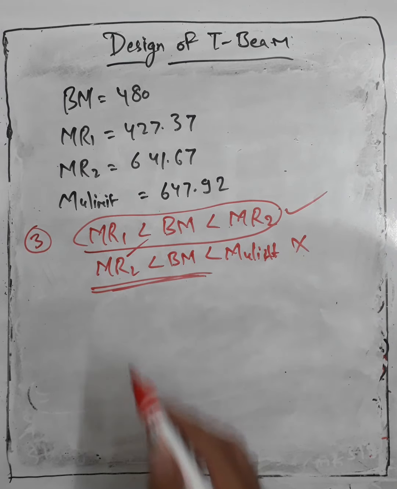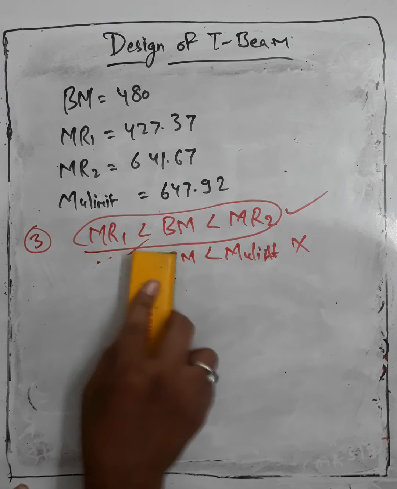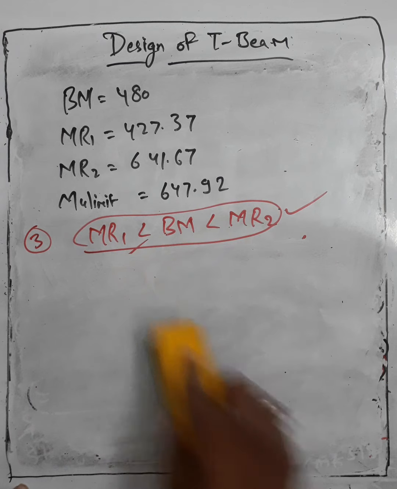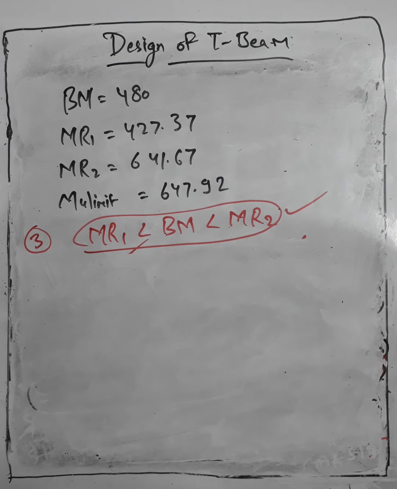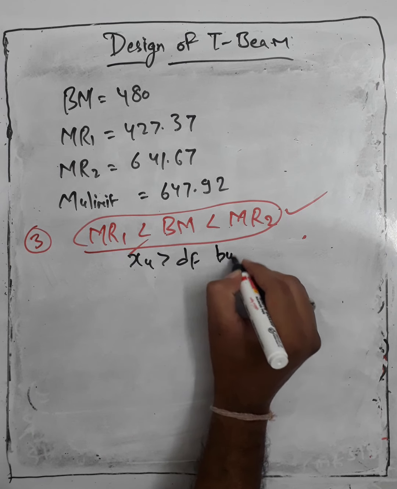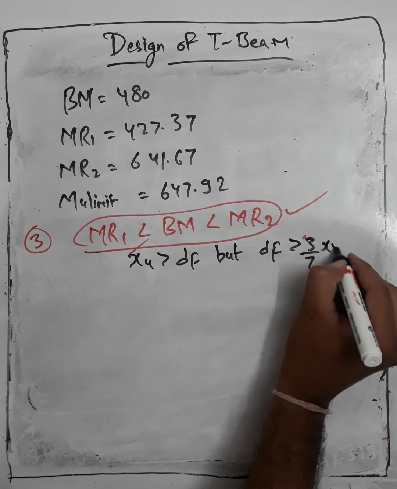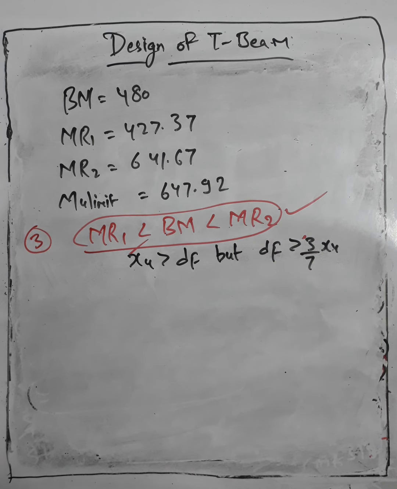So we have to use this condition and the formula based on it. If you find this condition, that means xu is greater than Df, but Df is greater than 3/7 xu. In this condition you have to use the yf formula.